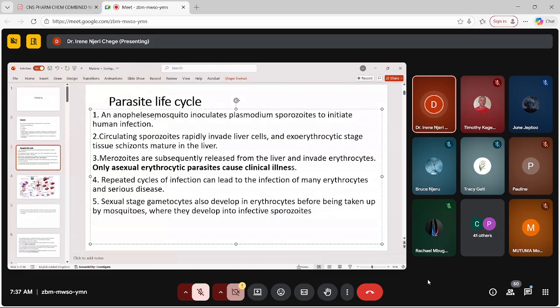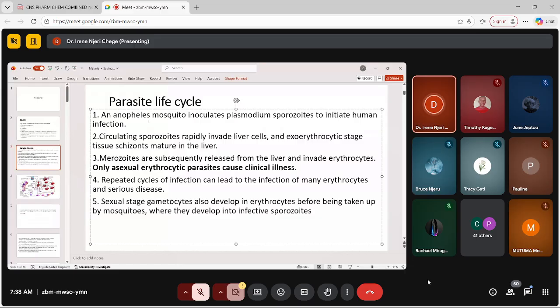Remember, we're talking about sporozoans. That's why we're calling this class of parasites, or protozoa, sporozoans. So it carries the Plasmodium sporozoites and initiates the malarial infection.